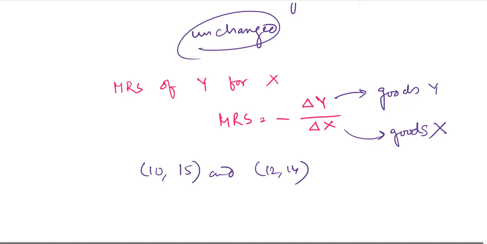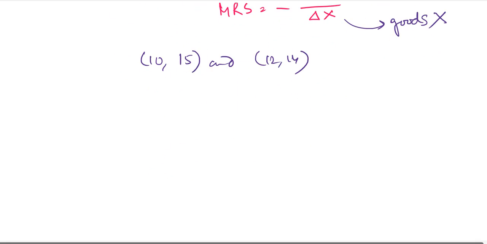The first bundle means 10 units of X and 15 units of Y, and the second bundle means 12 units of X and 14 units of Y.